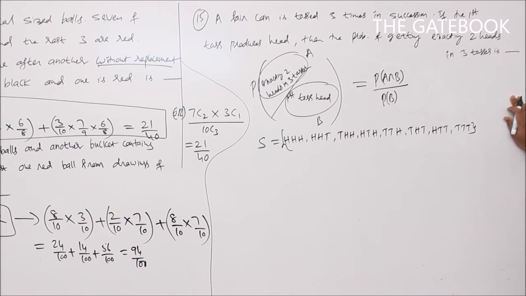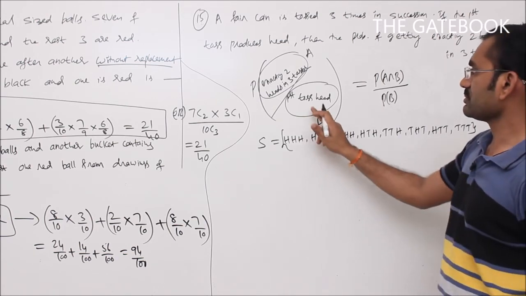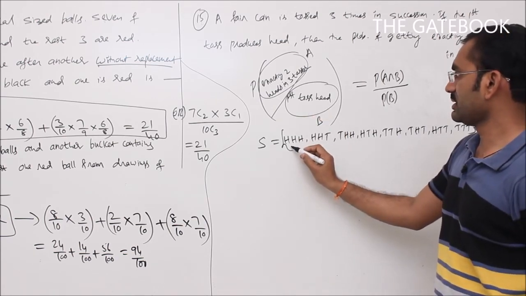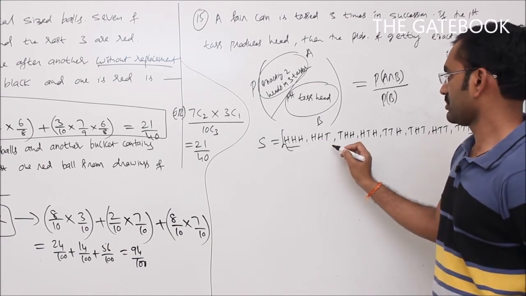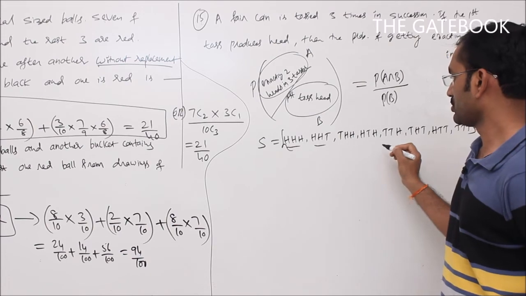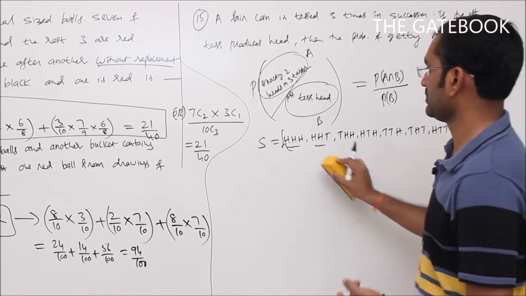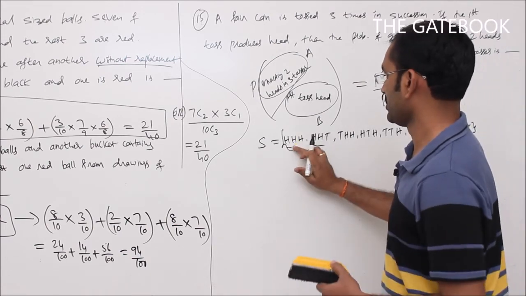So P of A intersection B is the probability of getting exactly 2 heads in 3 tosses, and first toss must be head. Exactly 2 heads means you cannot take this one.